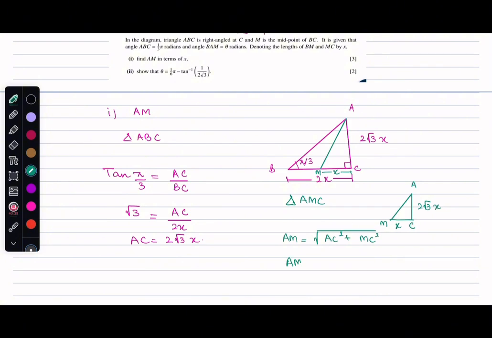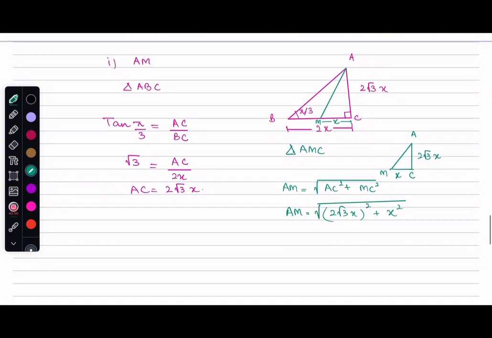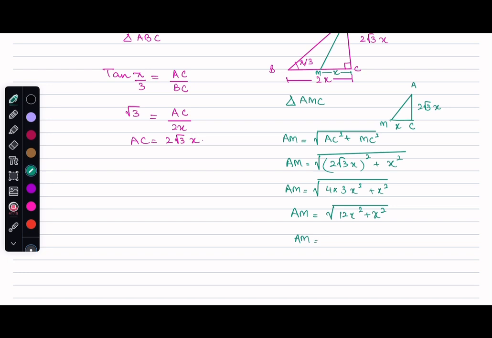So here I can say AM shall be equal to the square root of 2 square root of 3x the whole square plus x the whole square, or AM equals the square root of 4 times 3x square plus x square, or AM equals the square root of 12x square plus x square, or simply AM equals the square root of 13x square, or the square root of 13 times x.